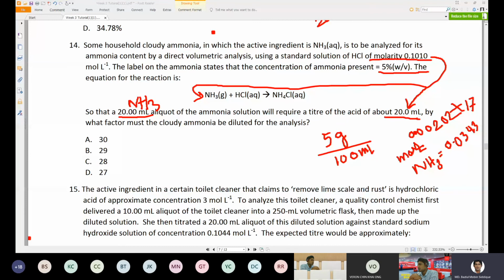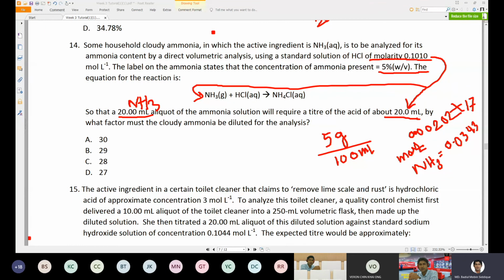So now the question is asking to what percentage was it diluted? To know that, I need to know that in 5 gram, that is 100 milliliter, how many gram should be in 20 milliliter.